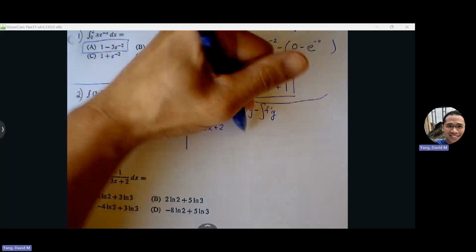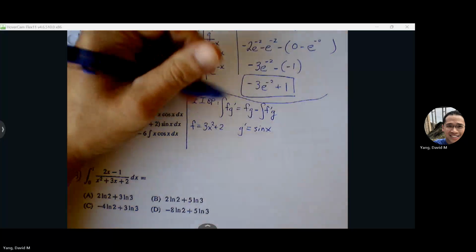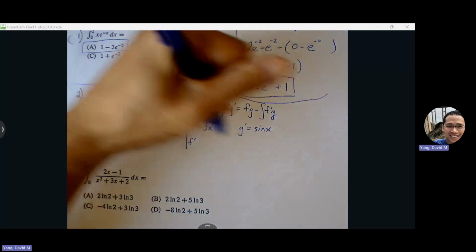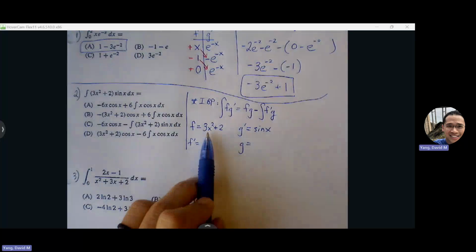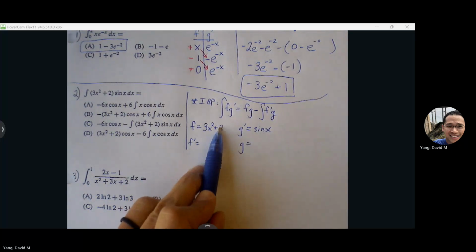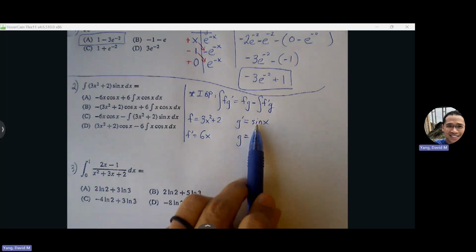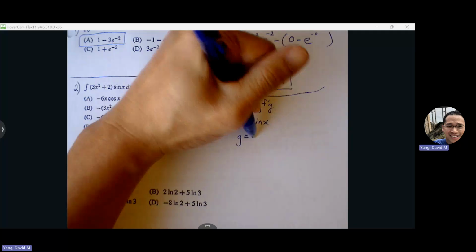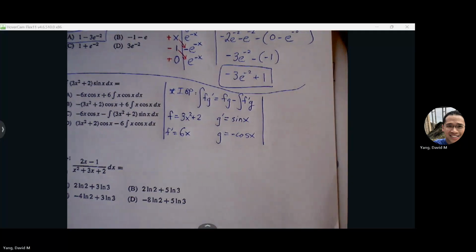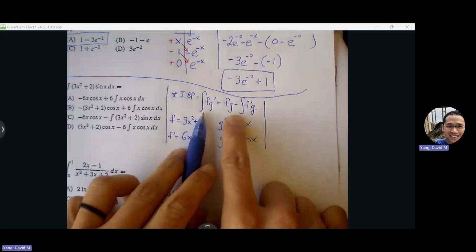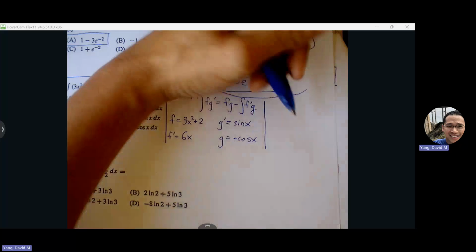And the other is going to be your g prime. On the f side, we'll find f prime. On the g prime side, we'll find g. Okay, what's f prime going to be? 6x. Antiderivative of sine is negative cosine. Okay, so we just put it into our formula here. So f g minus integral of f prime g.